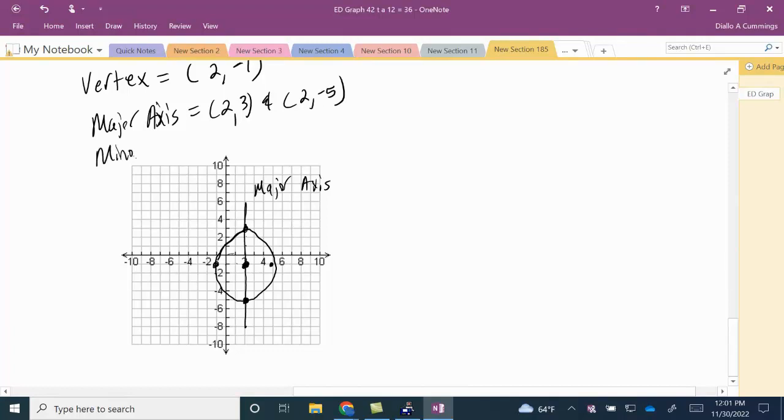And for our minor axis points, we have (−1, −1) and (5, −1), as our minor axis points.